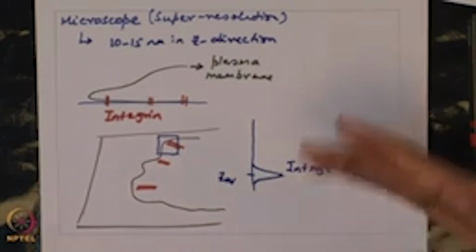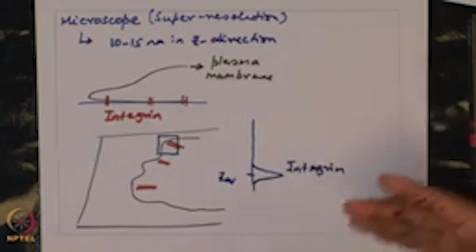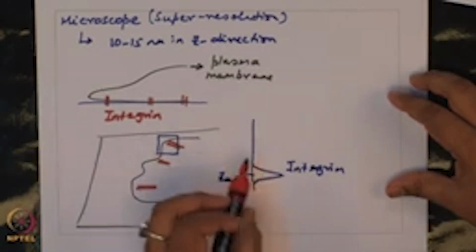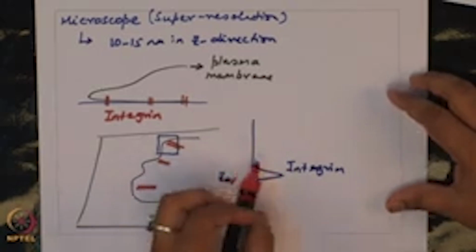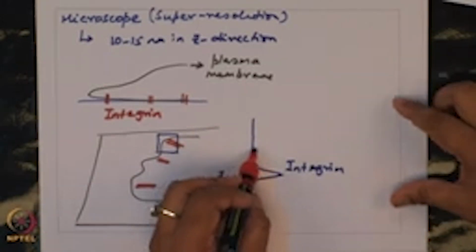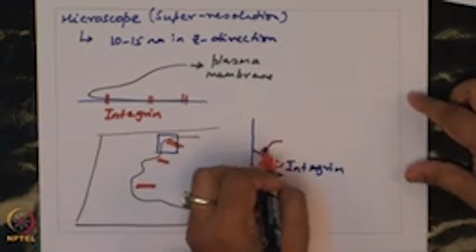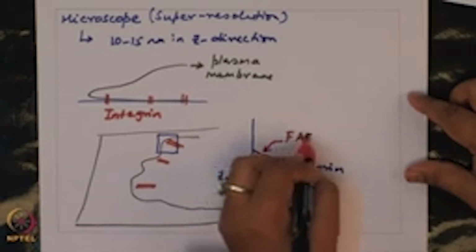Similarly, you can label one by one. For example, compared to integrin, if you were staining with paxillin or FAK, you would get some signal. So, this would be FAK or paxillin.